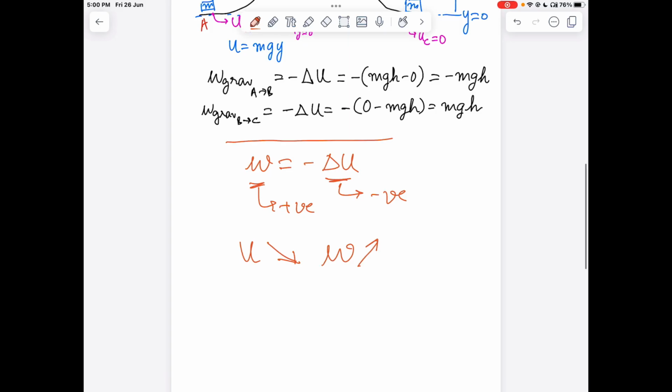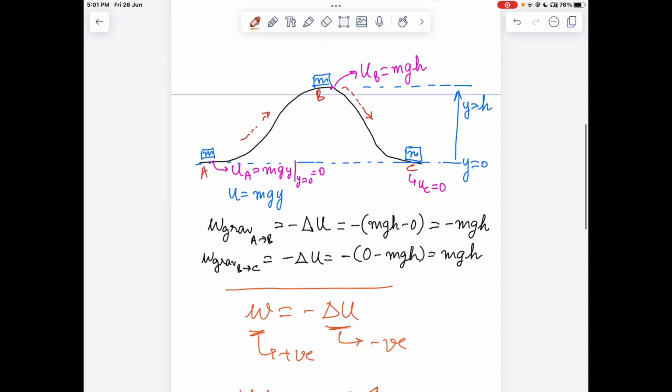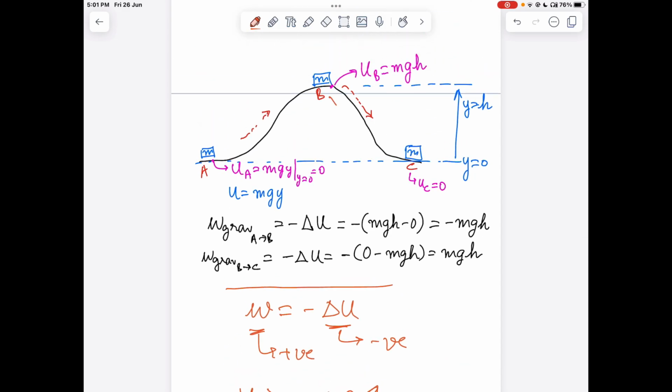So potential energy is the ability to do work. And that is qualitatively seen in this case as we traverse from the point B to the point C. The potential energy decreases from mgh to 0 and work is done by the gravity force.